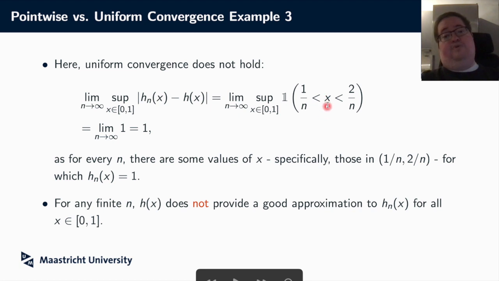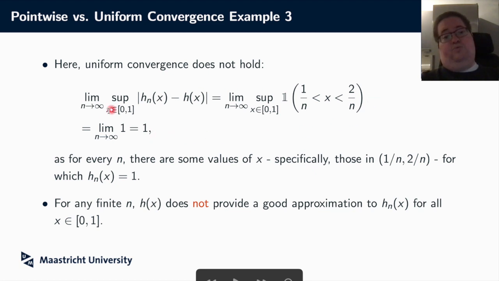So if we can find an x which is in between these bounds, the supremum will be 1. And in fact, we can always find these x's because there are always x's between 1 over n and 2 over n. So we take an x between 1 over n and 2 over n. The value of the indicator function will be 1. So the supremum is 1. And again, we're taking the limit of n going to infinity of 1, which is just 1 and not 0.